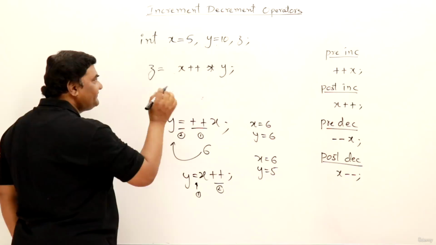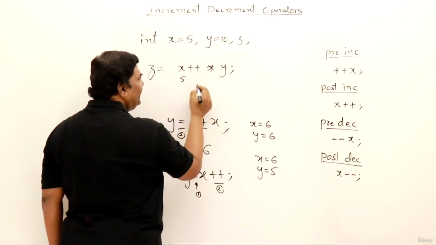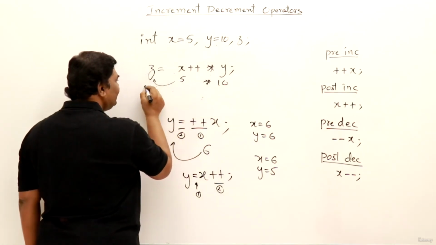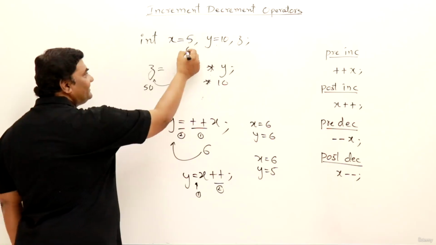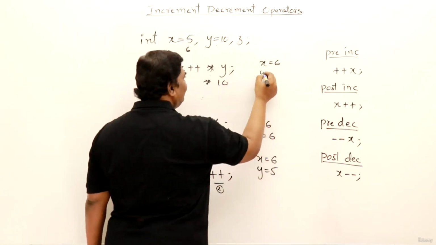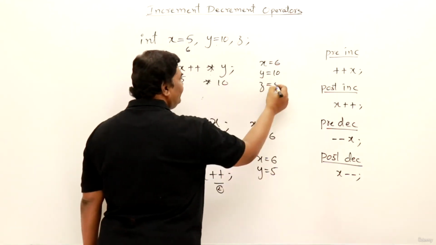So afterwards, so first which operation is performed? Multiplication. So what is the value of x? 5 into 10. So this 50 is stored in z and then x becomes 6. X will become 6. So after this, the result will be x is 6 and y is 10 only. It is not being modified and z becomes 50.